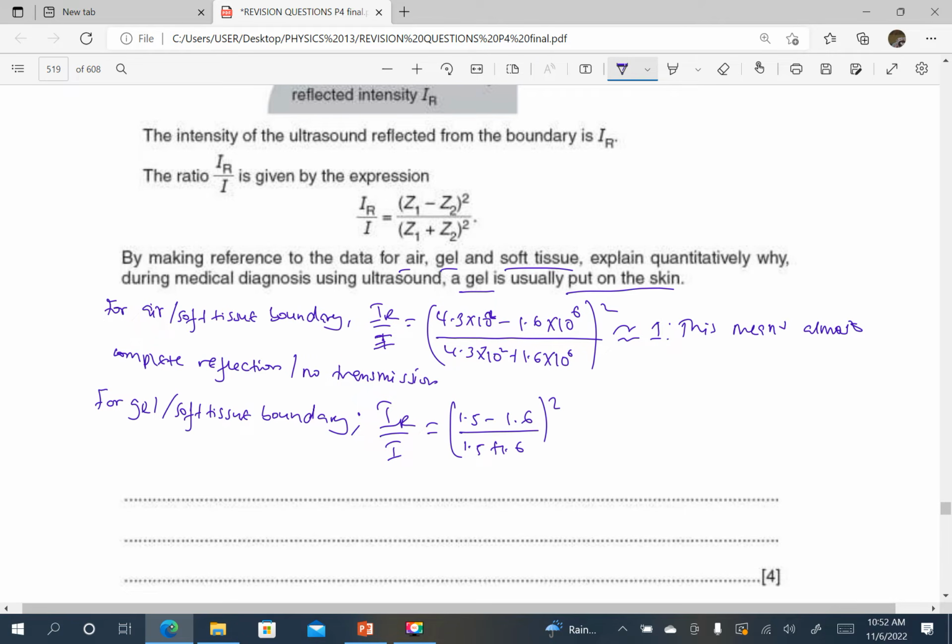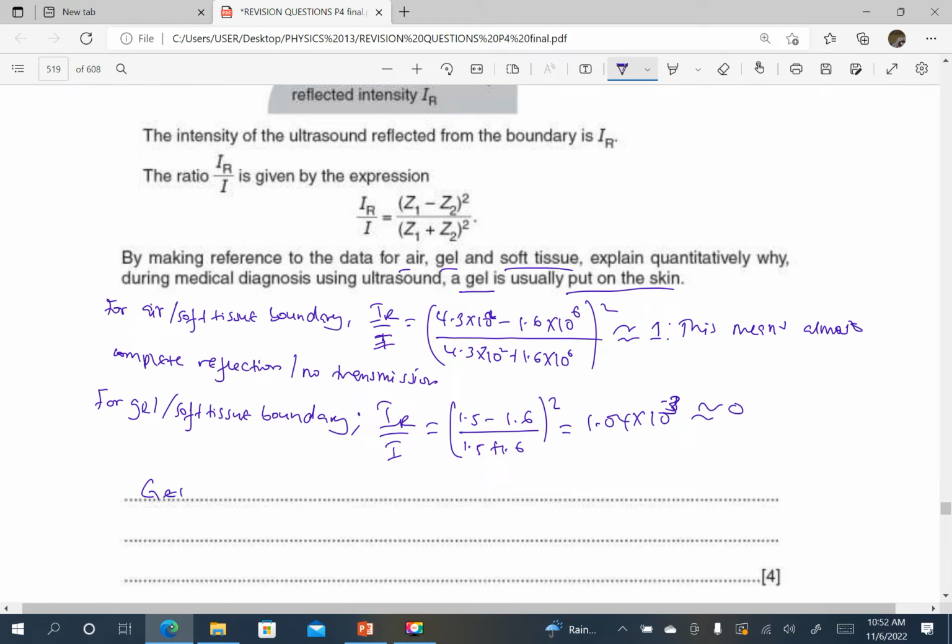You notice that the difference is very small, so this is going to be equal to 1.04 times 10 power negative 3, and this is of course very close to 0. So what does that mean? We can simply say that there is very little reflection, there is more transmission.